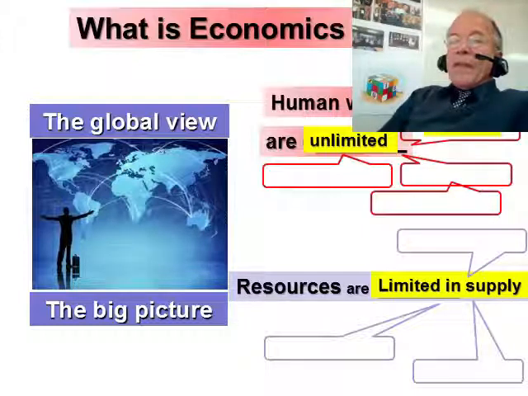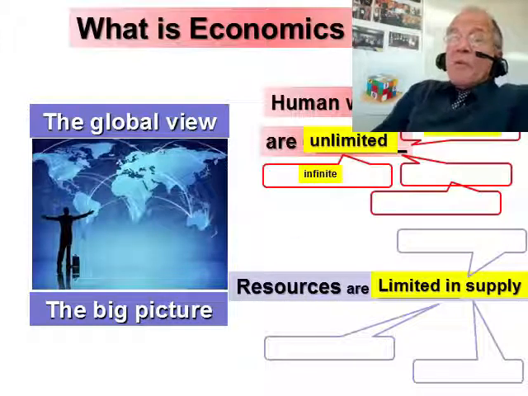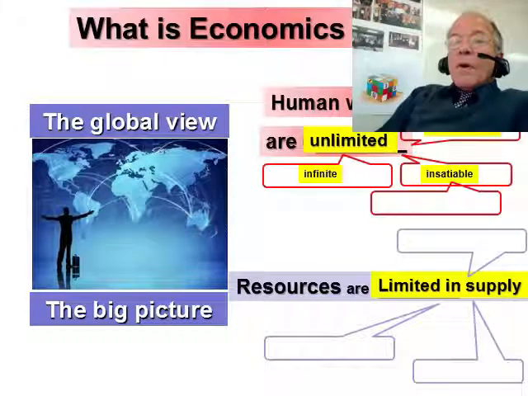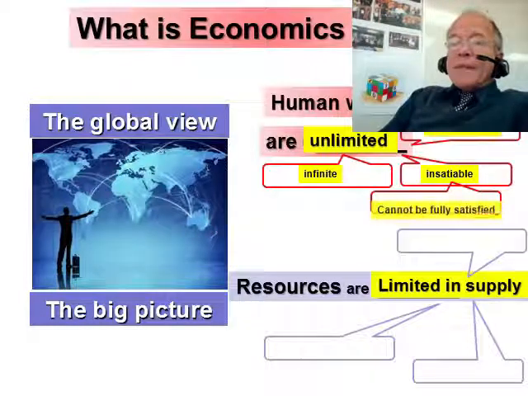So even though my wants or desires can be satisfied for a moment or for a period of time, they cannot be definitively satisfied. So we say that in more mathematical terms, they're infinite, or they're insatiable. Note the T here is silent, so it's not insatiable, but insatiable, which basically means cannot be satisfied.